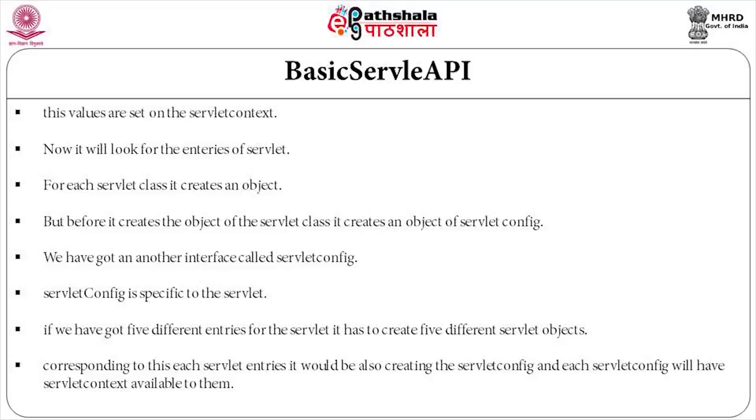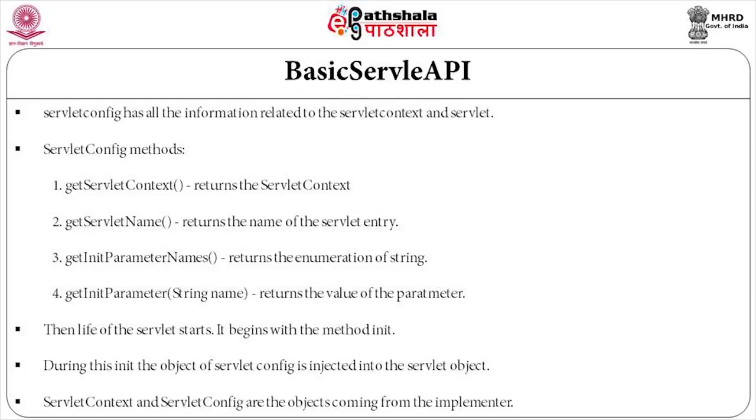But corresponding to each of these servlet entries, it would also be creating an object of servlet config, and each config has the servlet context available to it. Servlet config has all the information available between servlet and /servlet plus the servlet context.